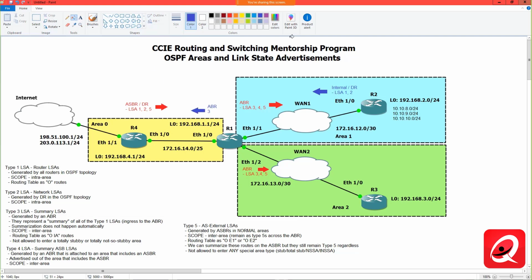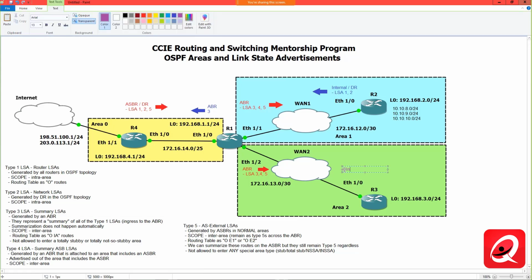And we'll use purple. Yeah, I guess purple will work. So this router here is most likely an internal router, and it's also a DR, most likely. We'll just assume it is.